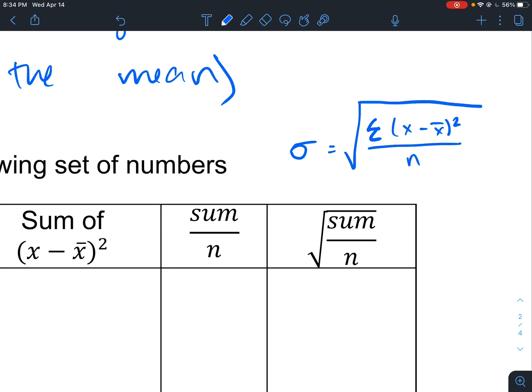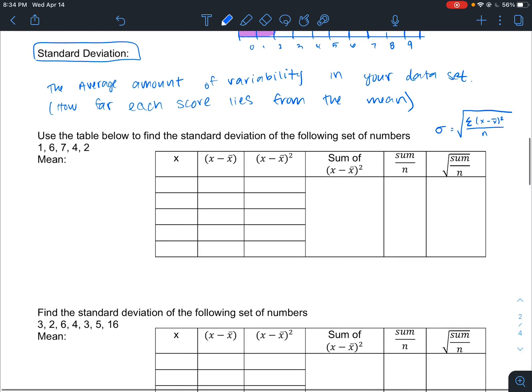That's actually a pretty crazy formula, but we're going to break it down piece by piece. This is the process for finding the standard deviation of a data set.